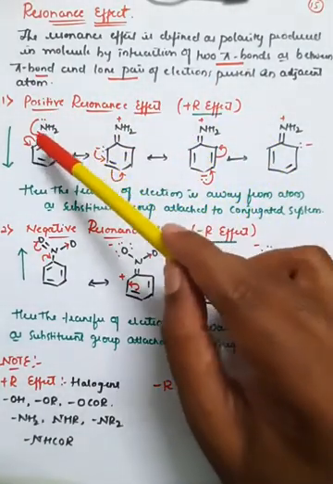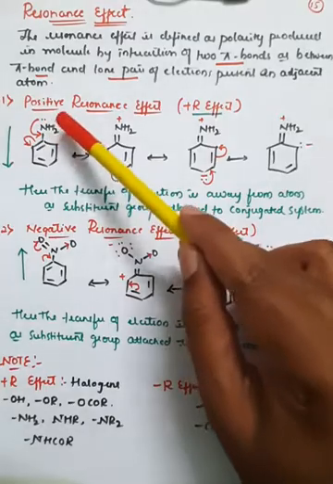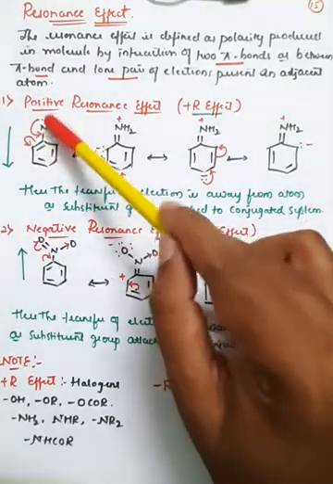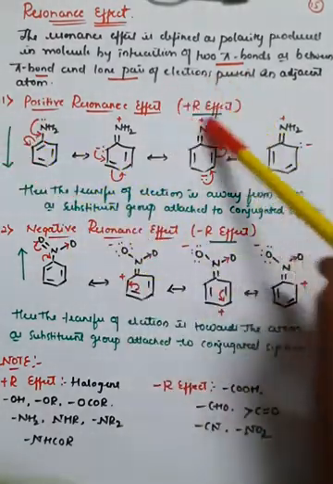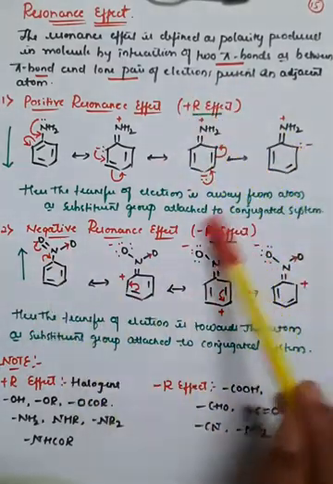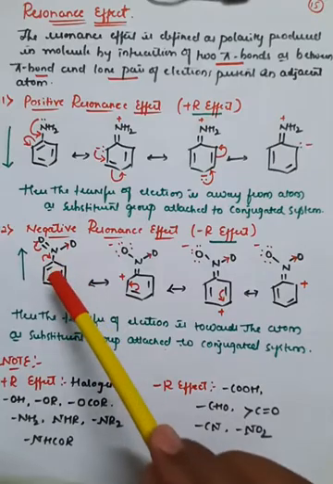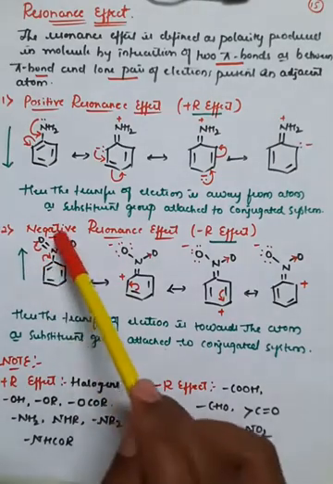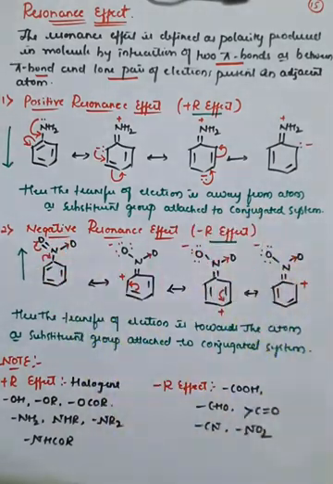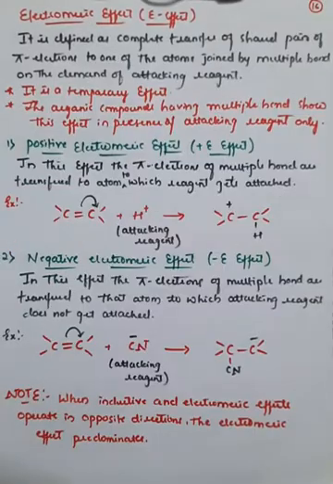Since there is a bond between benzene and NH2, the movement of electrons takes place from this substituent towards the benzene ring, therefore it is a plus R effect. Minus R effect means the benzene is bonded to the NO2 group, the movement of electrons takes place from benzene towards the substituent, so that effect is generally called the negative resonance effect, or the minus R effect.